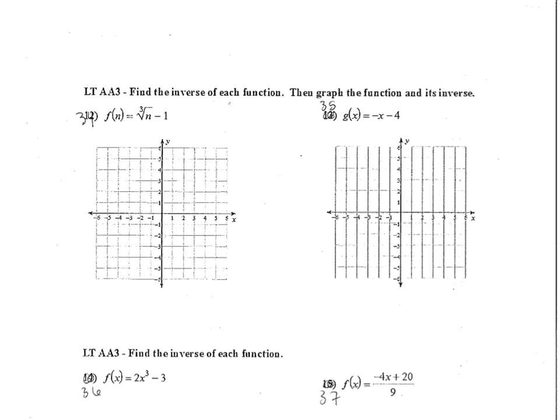Okay, this one's asking you to find the inverse of the function and then graph it. So if I'm gonna graph the cube root minus 1, let me get a paper here. Okay, so that one, if I put that into my calculator, I would have a point at, on your answer key, I did this backwards, so it should be f of x and f negative 1.